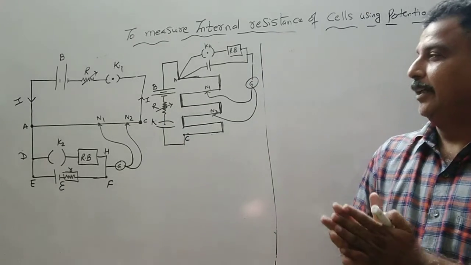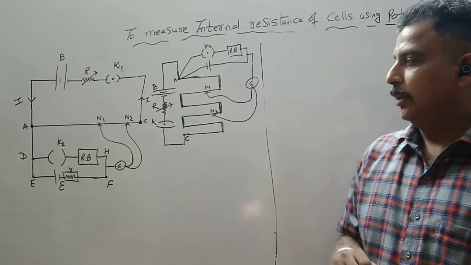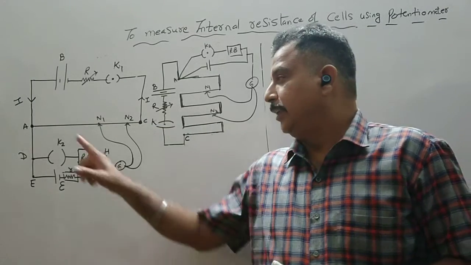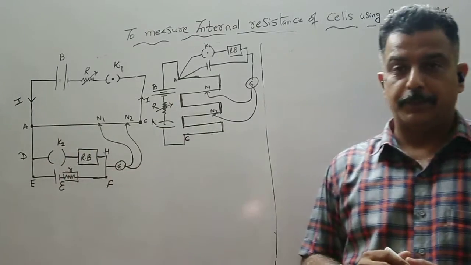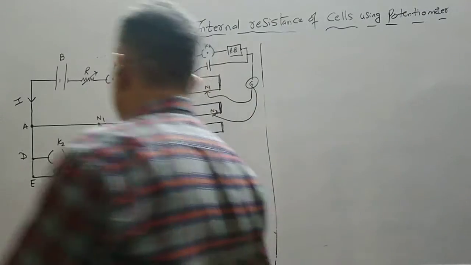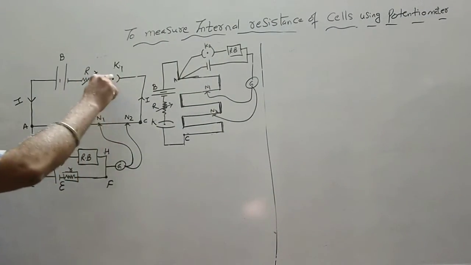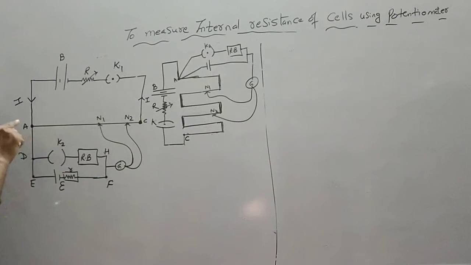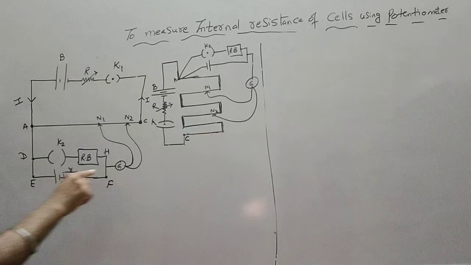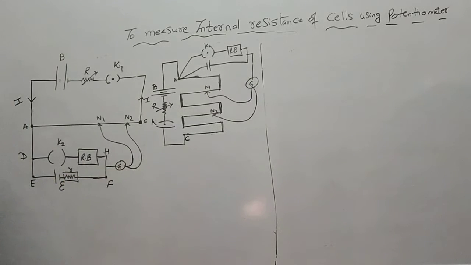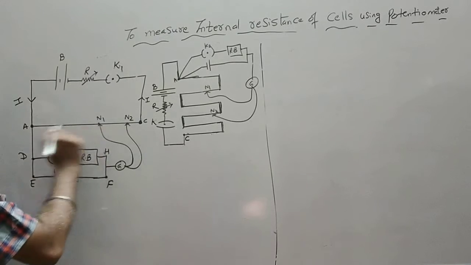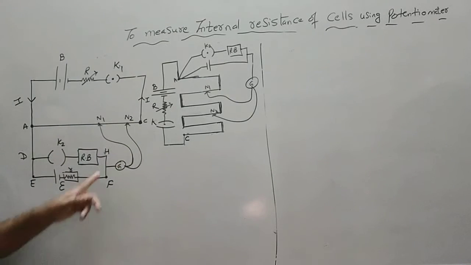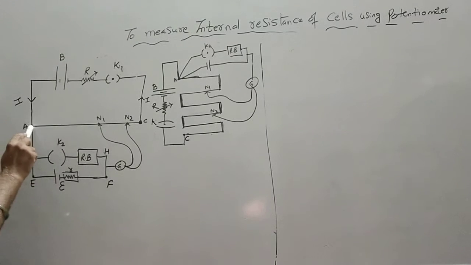Now let us say first we find a null point when K2 is open. So first we close the key K1, and current will start flowing at junction A. Suppose I touch a jockey at any point on AC, and if the galvanometer shows a deflection, it means the current I is divided here.